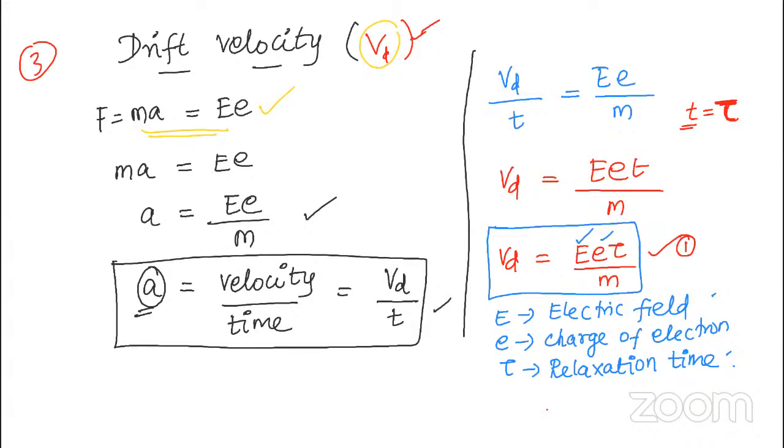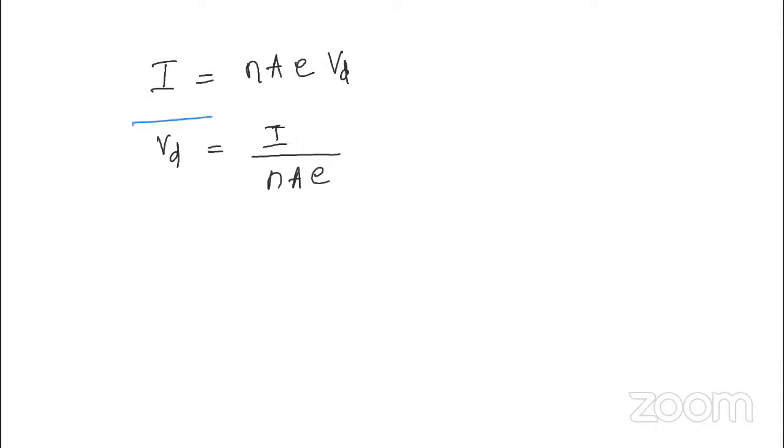One more expression for V_D comes from the current formula, I is equal to N A e V_D. So V_D is equal to I divided by N A e. This is also an expression for calculating the drift velocity. Keep these expressions in mind.